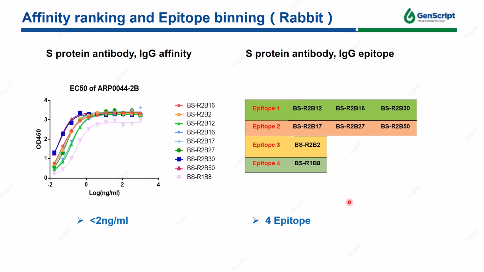It's recommended that the affinity constant be greater than 10 to the 10 or 11 power, and ideally 10 to the 12 power. Most rabbit antibodies are more than 10 to the 11 power, so the affinity is very high.